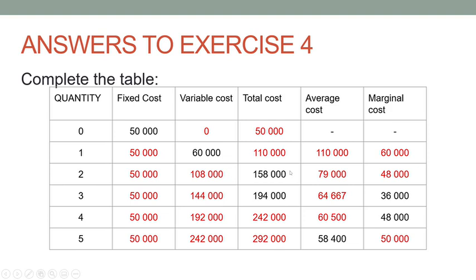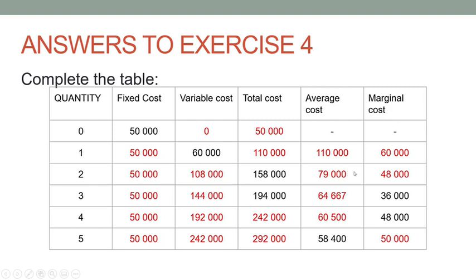And then we said 158,000, which is the total cost, divided by the number of units, which is 2. So it is total cost divided by quantity, gave me 79,000 for the average cost.